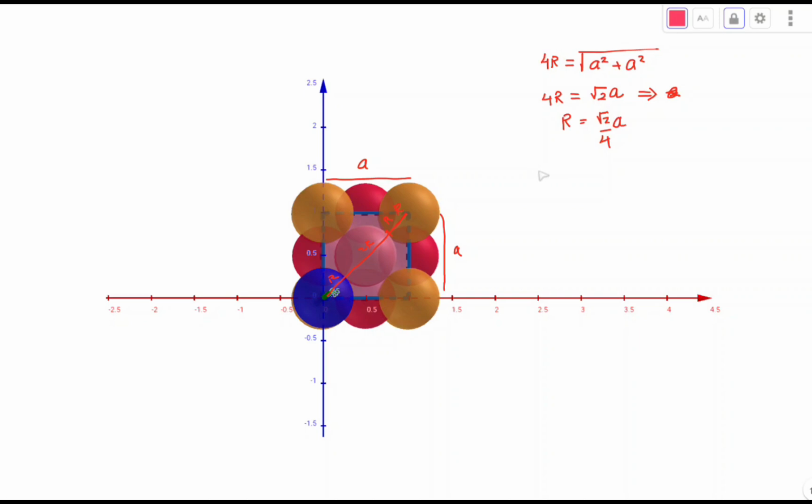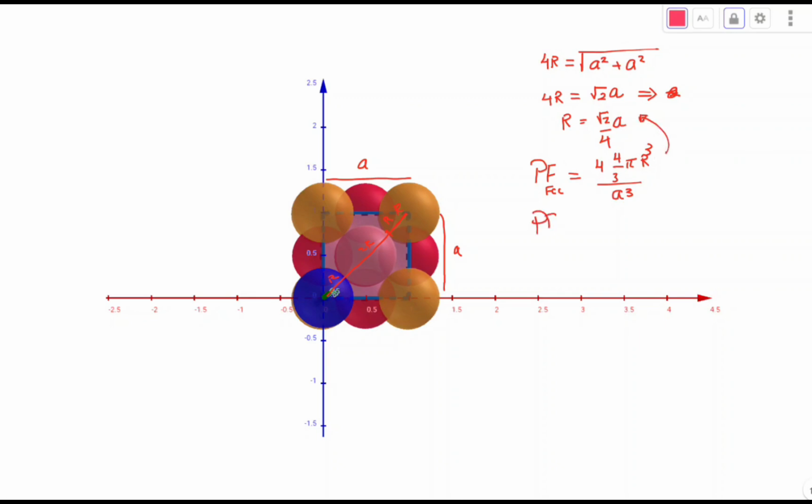One last thing here, the packing fraction for the FCC structure is equal to N, and in this case it's 4, we just calculated this, the number of atoms used to build this cell, times the volume of this sphere, 4 over 3 pi R cube, over A cube, and R in this case is equal to this one right here.